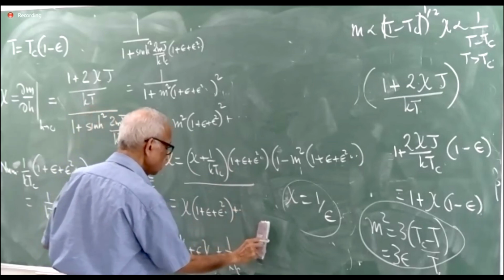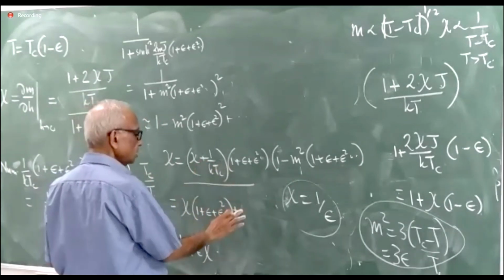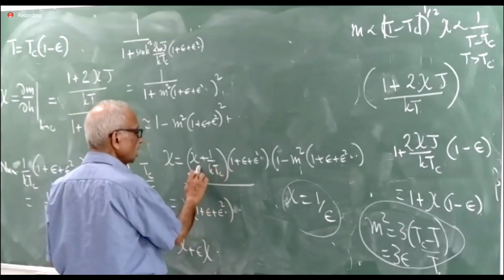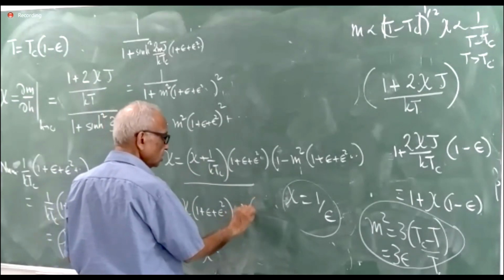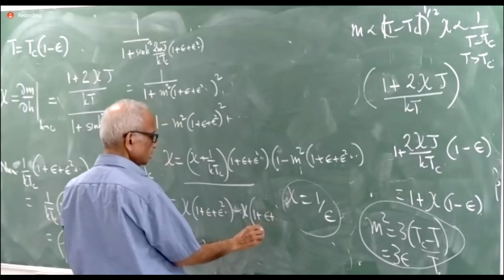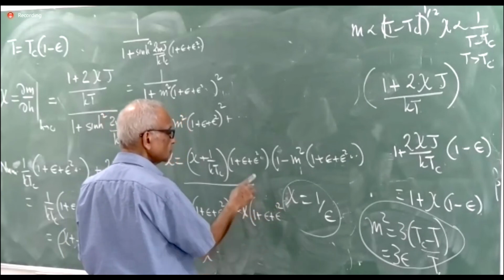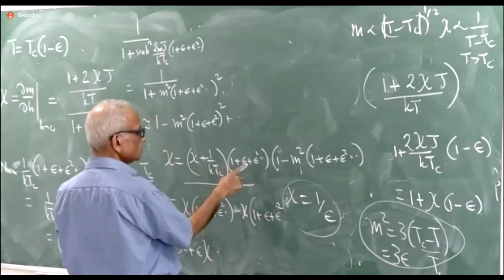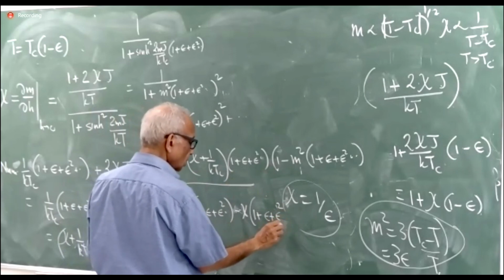So there is this term over here, and then it is minus chi into 1 plus epsilon square, this one into m square.